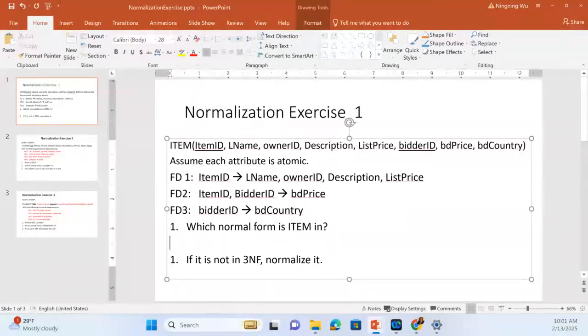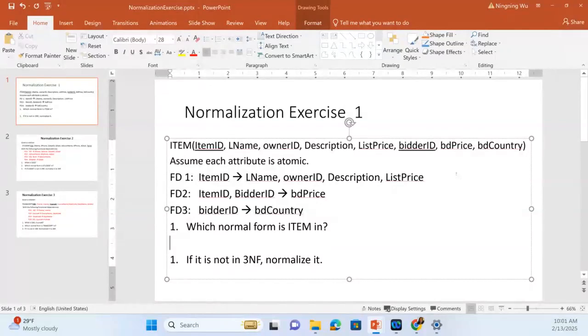So I think it would be nice if we can categorize these three functional dependencies to see whether they are full, partial, or transitive. Let's start with the first one. Item ID determines last name, owner ID, description, and list price. So what do you think?